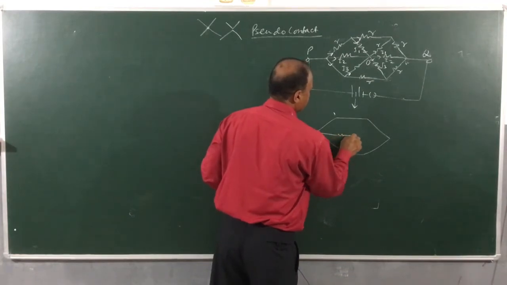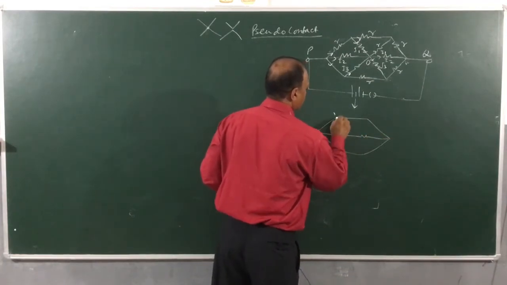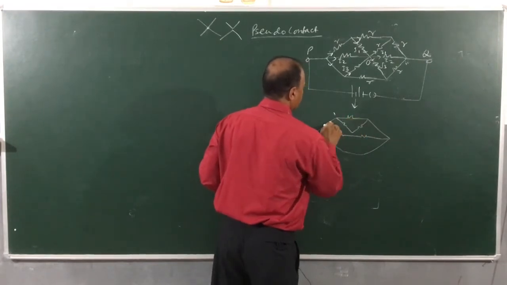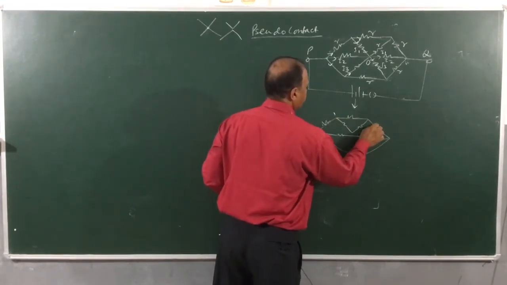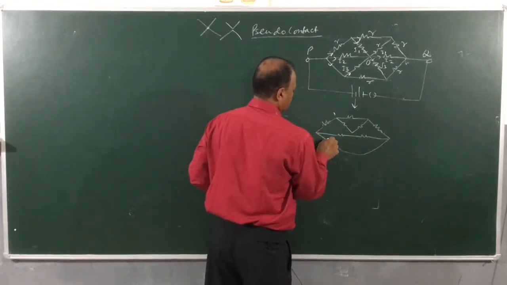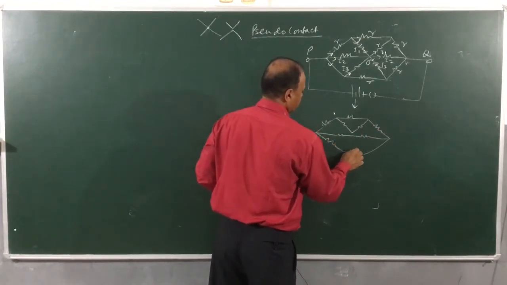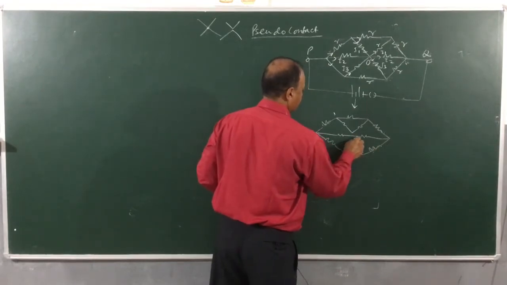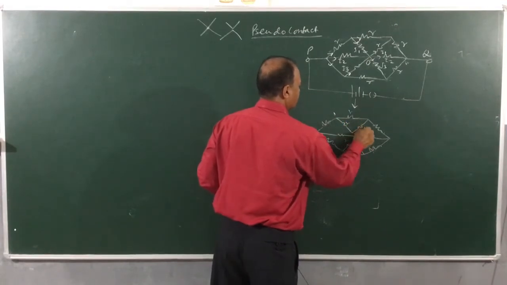Equivalent circuit becomes something like this. This is R, this is R, this is R. Each resistance how much here? R, R. This is also R, R. How much each resistance?